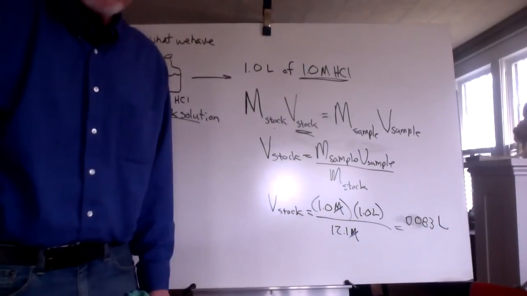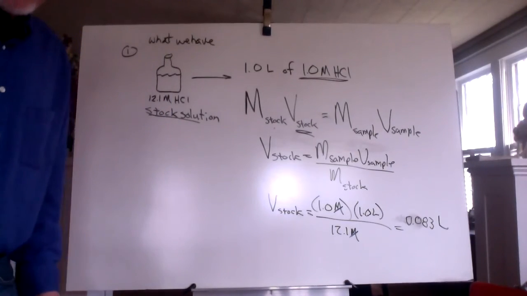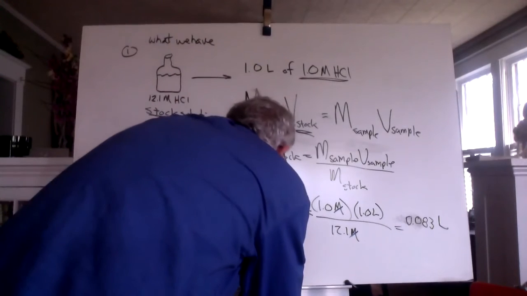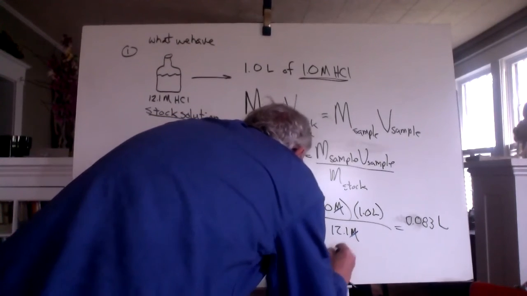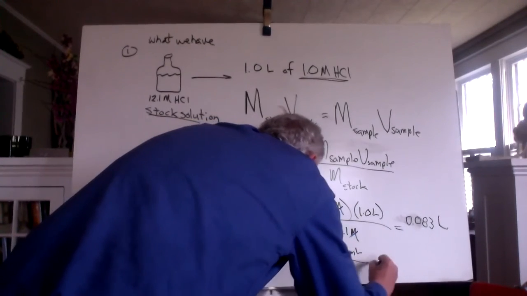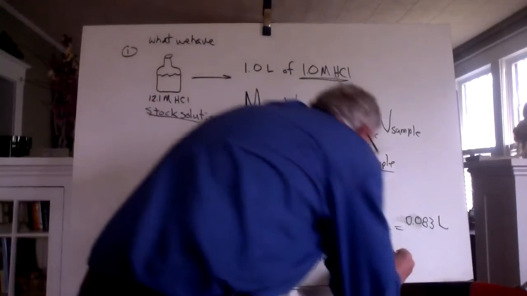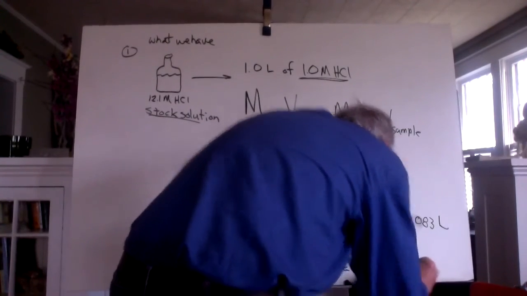And that's the volume that's going to be required. Now, typically they would convert that volume into milliliters, and you know that there are 1,000 milliliters per liter. So multiplying through there cancels our liters, and we get an answer of 8.3 milliliters.